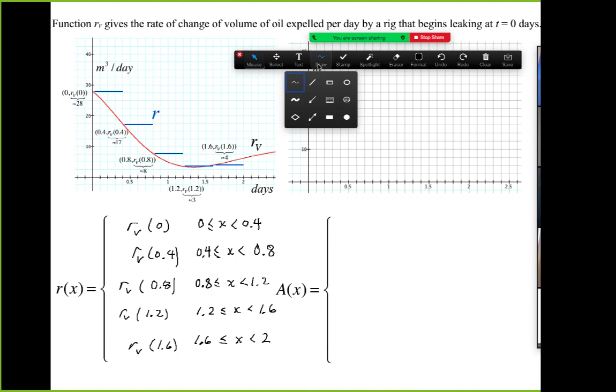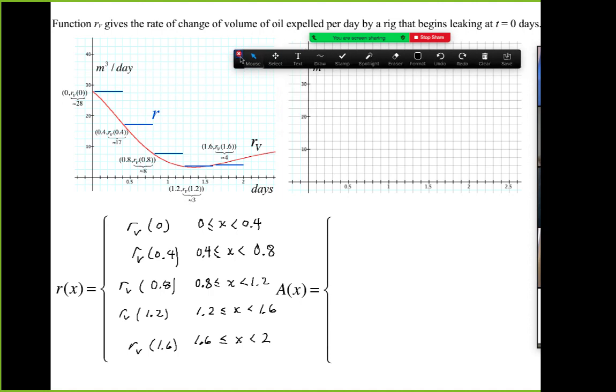So here's where we got to apply what we've learned. So this function A over here, where is it going to start? We're starting at time equals 0, x equals 0. What's the value of A going to be at 0? Net accumulation of oil expelled into the ocean.